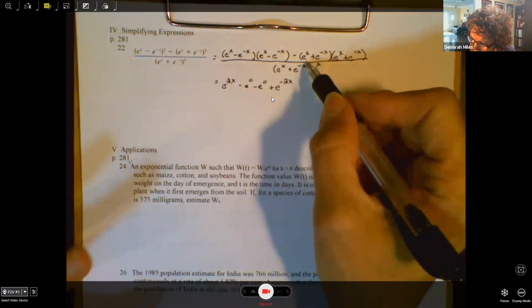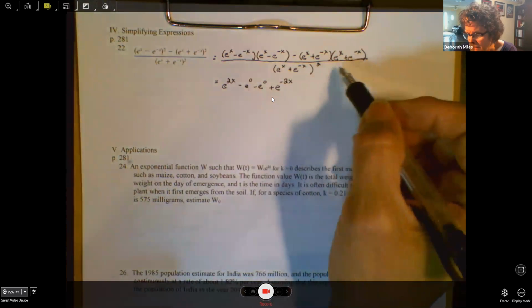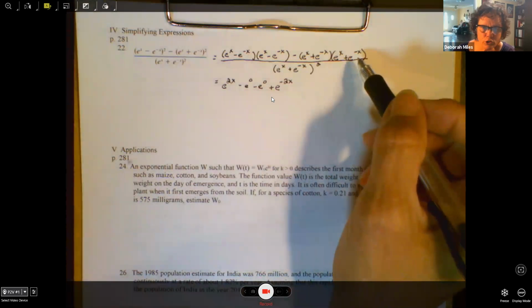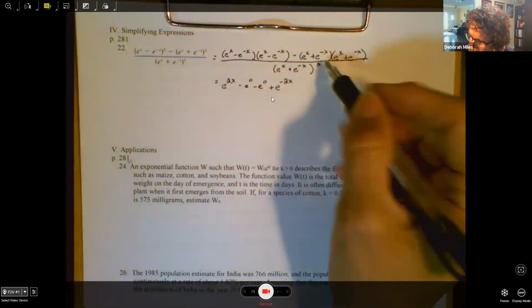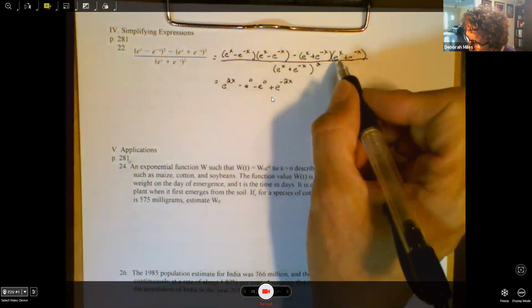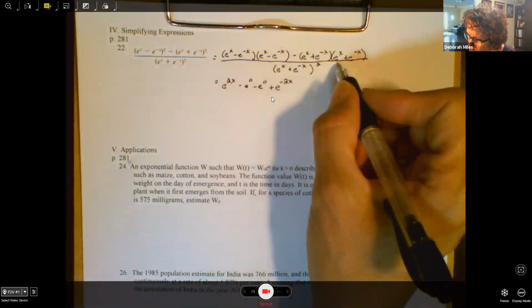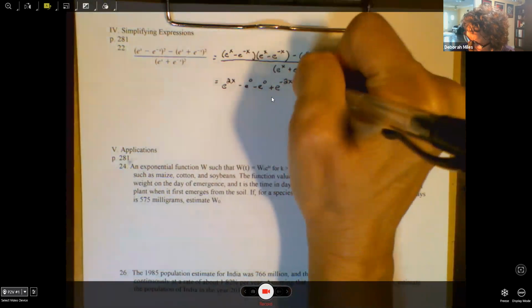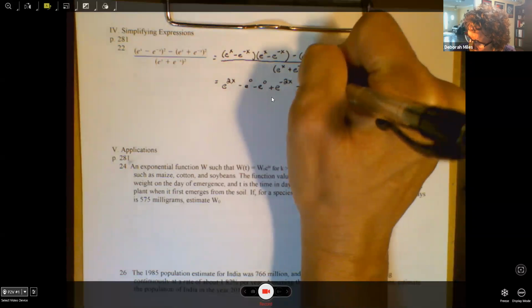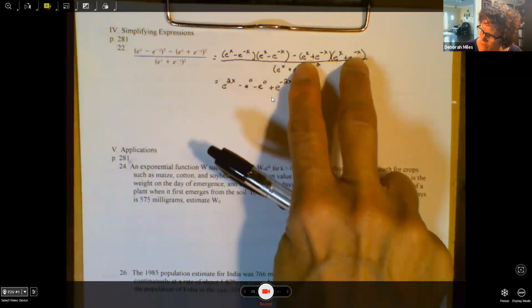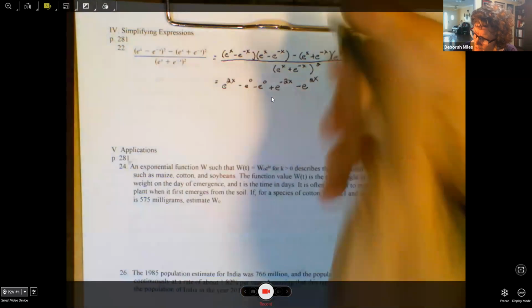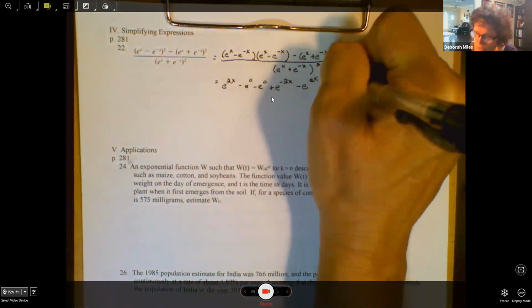Now, I'm going to FOIL these. And at the same time, I'm going to distribute that -1 just so I don't have to write the whole thing down again. This is e to the x times e to the x is e to the 2x times -1 is -e to the 2x. Outer, I would have e to the 0, but then times -1 is -e to the 0.